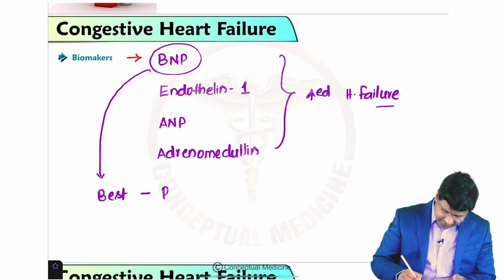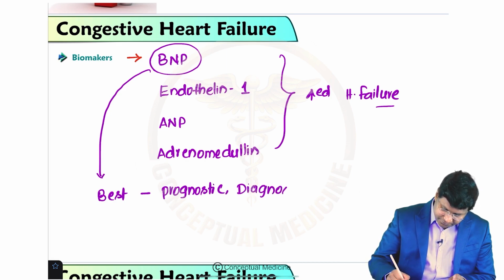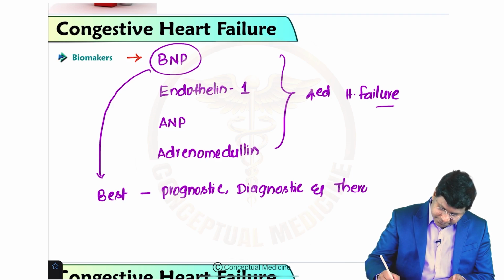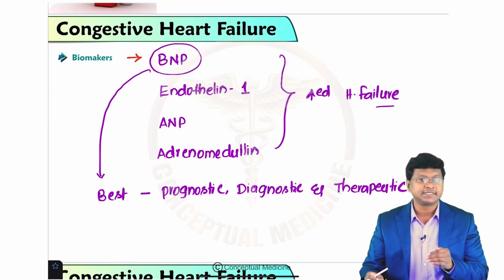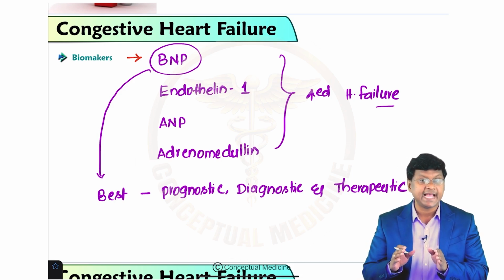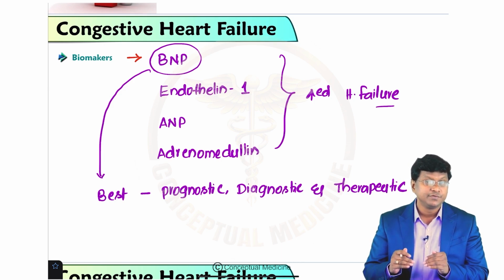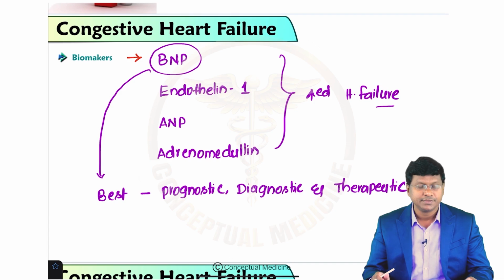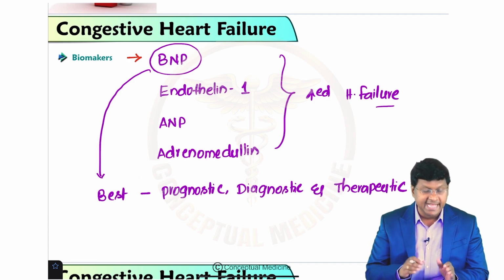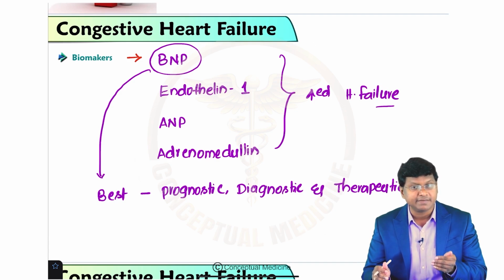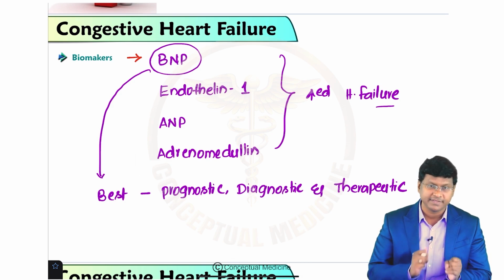It has prognostic value, diagnostic value, and also therapeutic value, and has also found a place in guidelines for diagnosis of congestive heart failure. The assays of brain natriuretic peptide are commercially available and are used clinically for screening and diagnosis of heart failure.